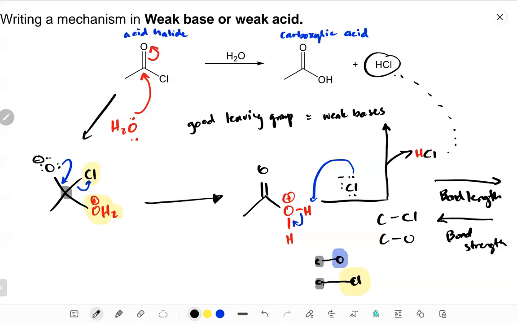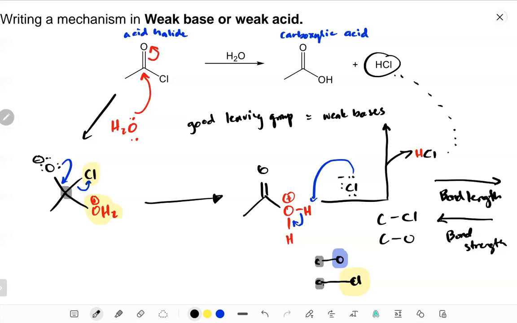The conjugate acid of chloride will have a lower pKa than water. Having a lower pKa, it is more acidic, and therefore its conjugate base is weakly basic.